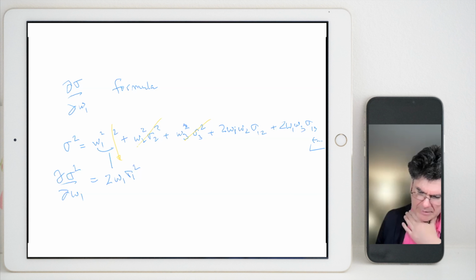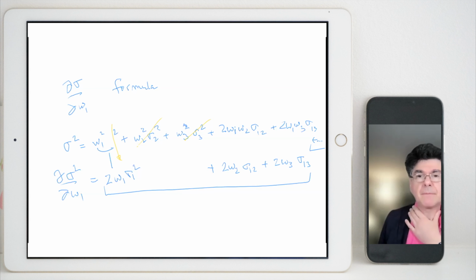And this gives me 2W2 sigma 12 plus 2W3 sigma 13. That's it. That's this derivative. And this is data that you already have. You got that, that, and that. You have all of this. All 6 numbers you have. Clear? Yes or no?